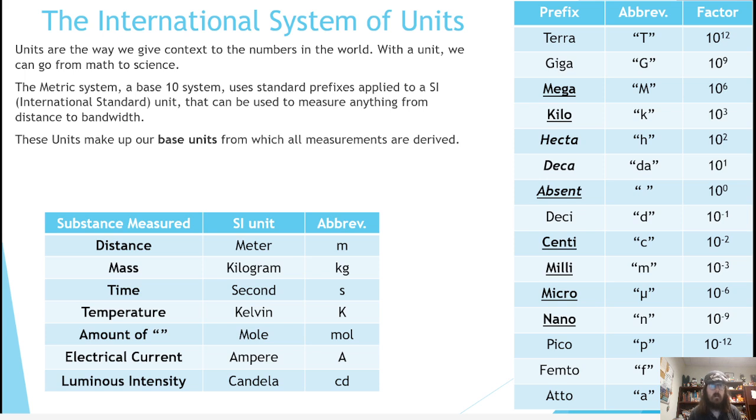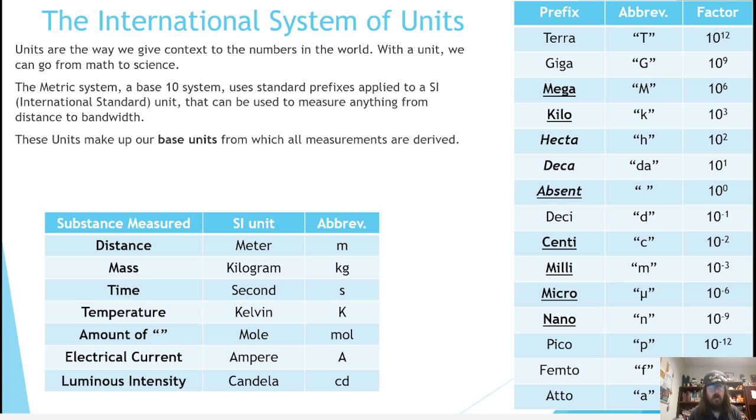So these are the base units that almost all of the other units will be derived from. Now, mind you, occasionally we will see non-metric units, but we will be given conversion factors to convert between the two.